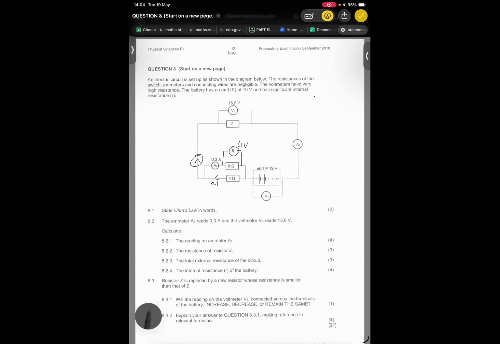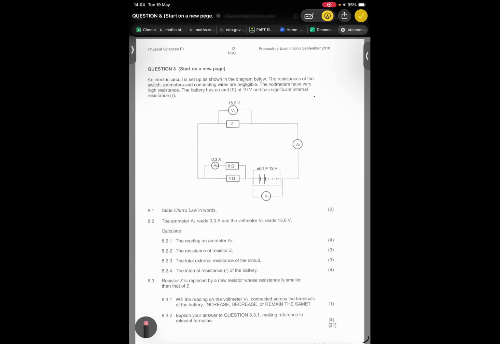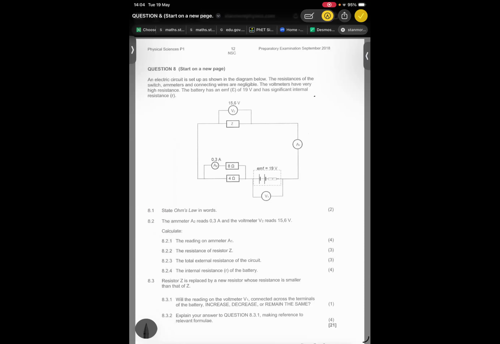These values I just designed them, these are not the actual values. So what do we have there? If you check the details, we have the current that is passing through the 8 ohm resistor, and we have the 8 ohm resistor there.